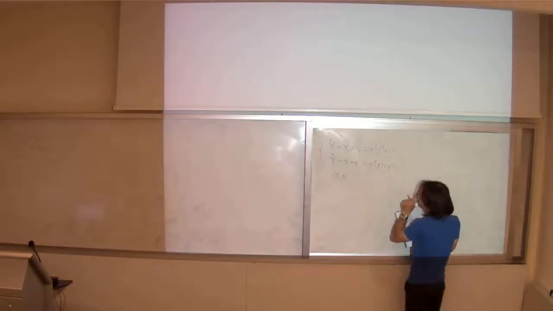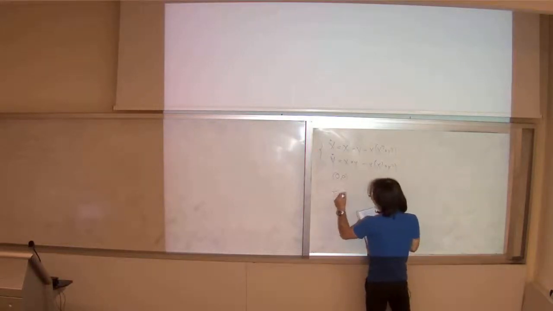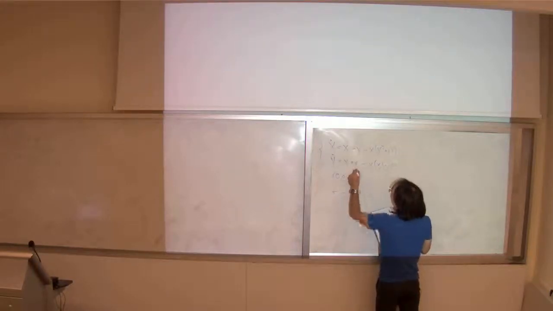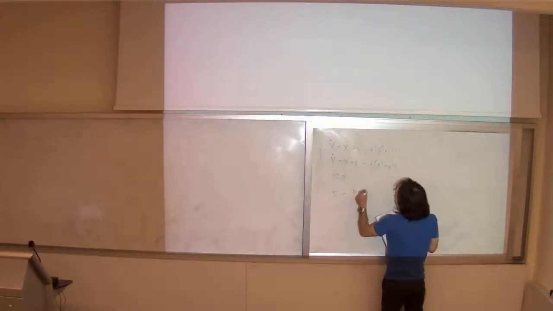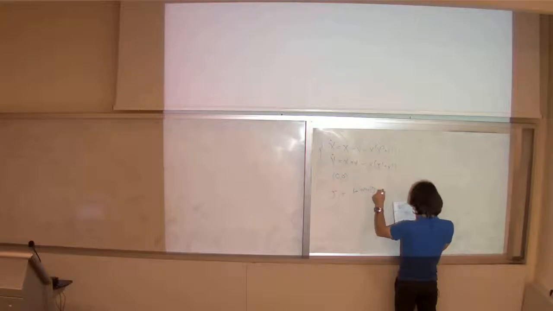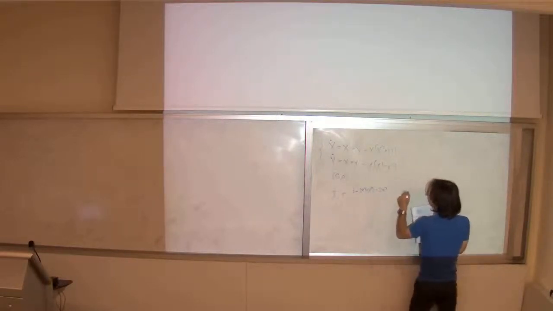We can write the Jacobian of this system. So this is 1 minus x squared plus y squared minus 2x to the third in this position.